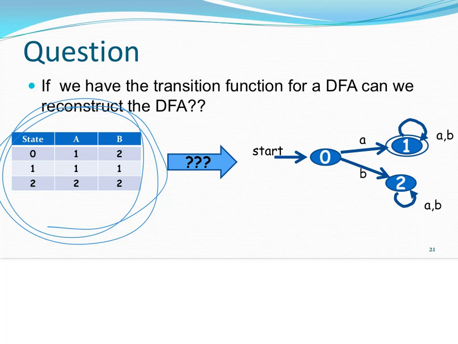So you might not start at state 0 just because state 0 appears first in your transition table. And the other piece of information that we don't have in our transition function is which states are our accept states, right? So we don't know what our accept states are. So the transition function gives us a lot of information about a DFA, but not quite everything.